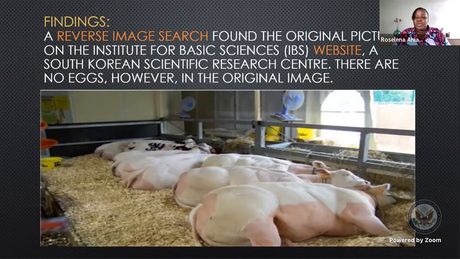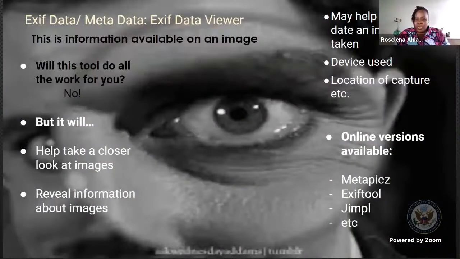So from there, we can quickly move to EXIF data or metadata. What EXIF data is, basically, is data on data, or data on an existing data. So for instance, what information is available on an image? It's quite easy to find information on original images using an EXIF data viewer.